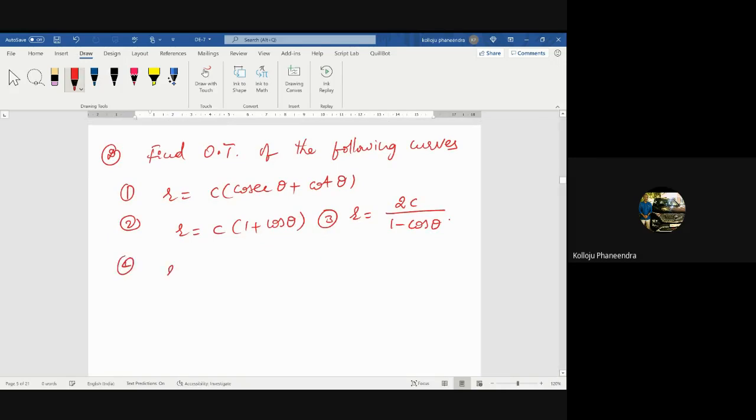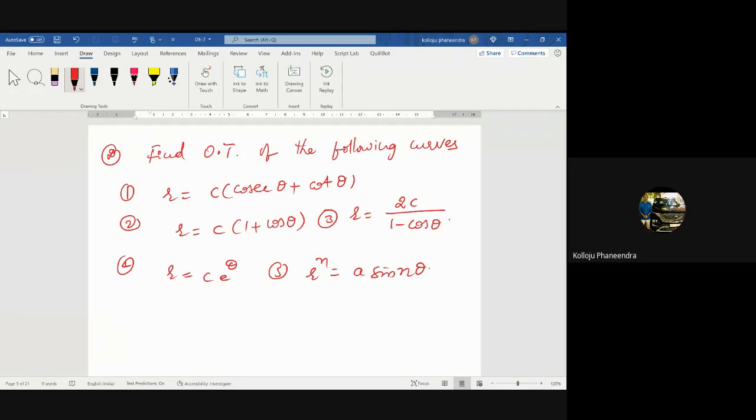Fourth one, r equal to c into e to the power of theta. And the fifth one, r to the power of n equal to a sine n theta.